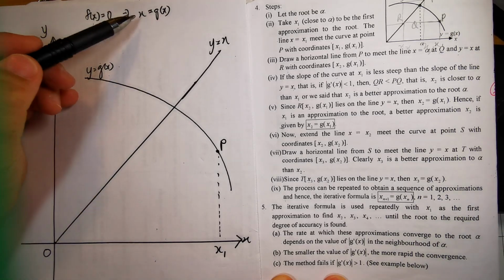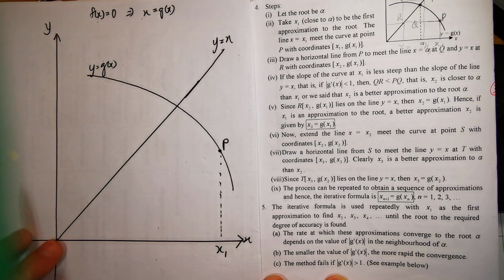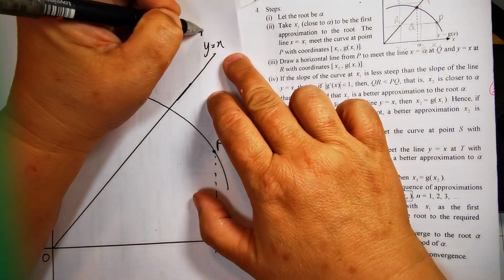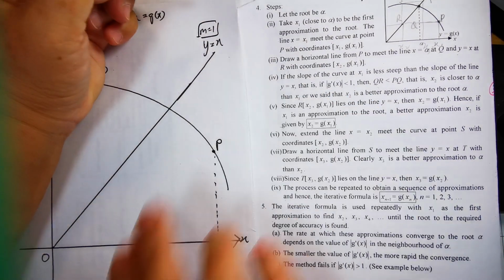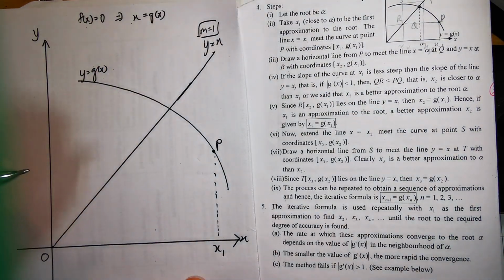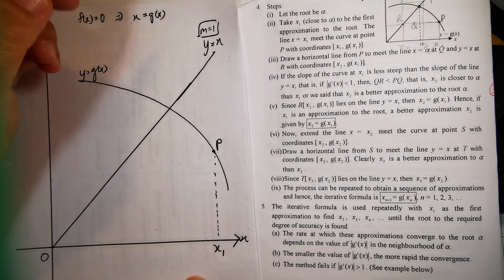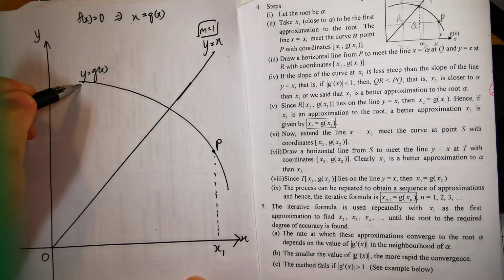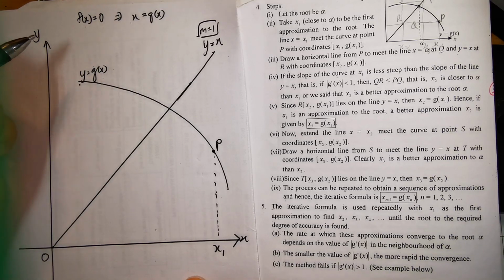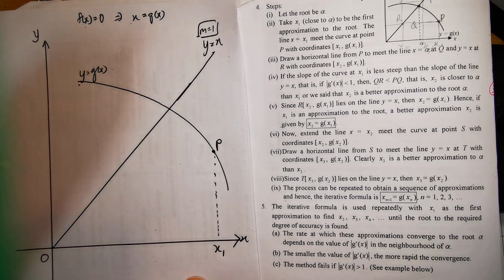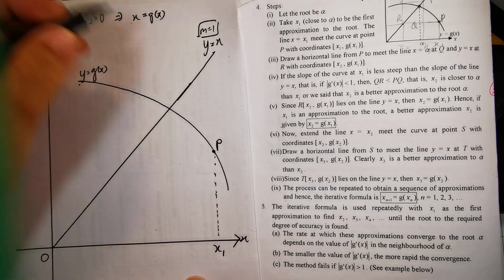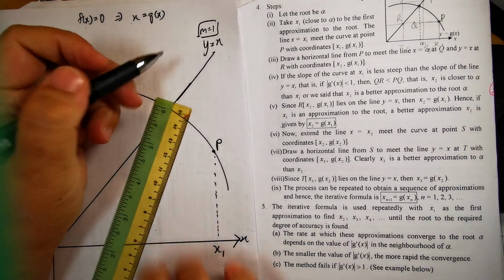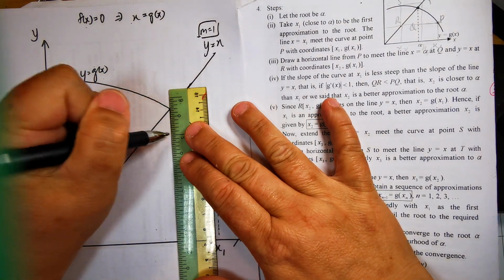One is y = x, which is this straight line. Remember, if it is the line y = x, the gradient will be equal to 1, remember the modulus of g'(x) and 1. Then the other one, g(x), is a curve, let's say. Let's say the actual root of this function is alpha, meaning the intersection point. This is the actual root.